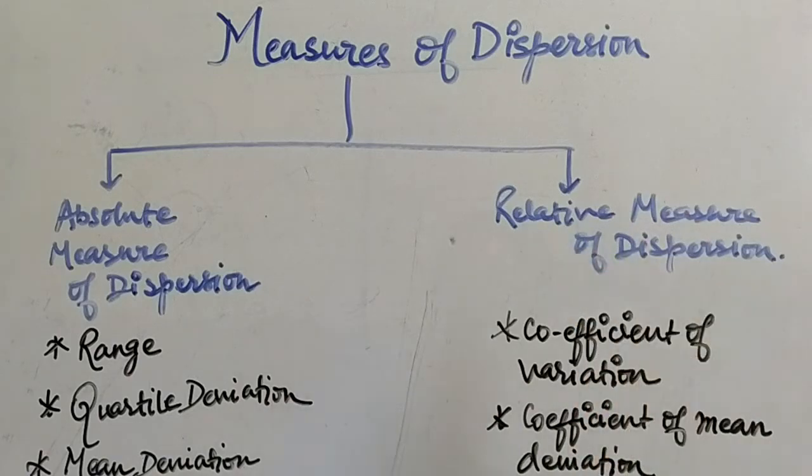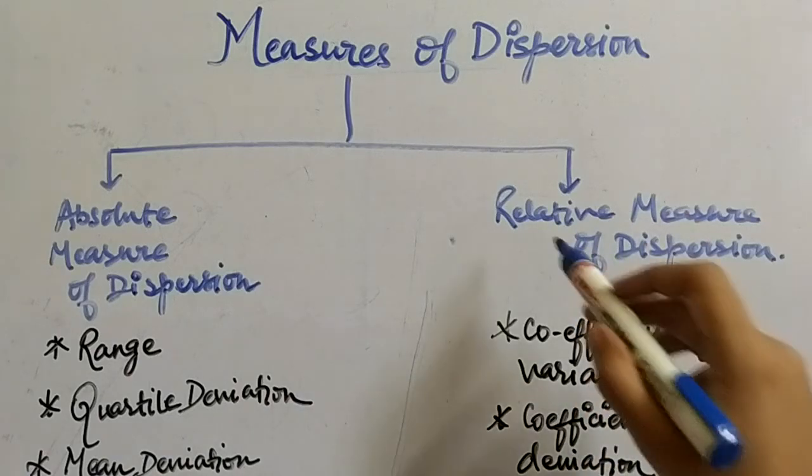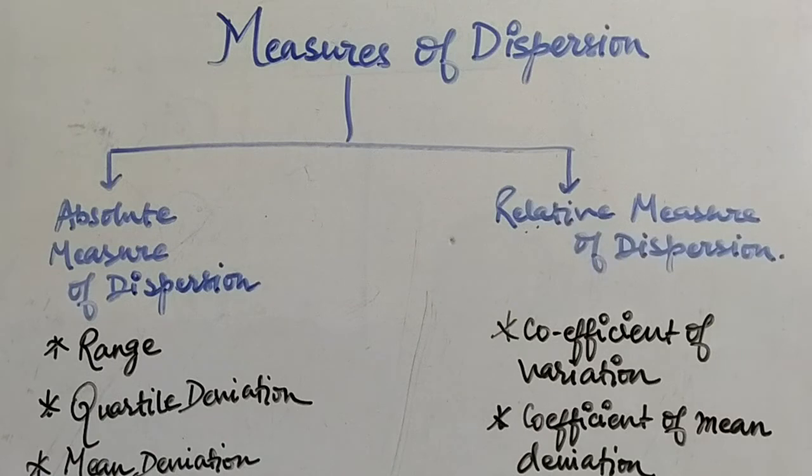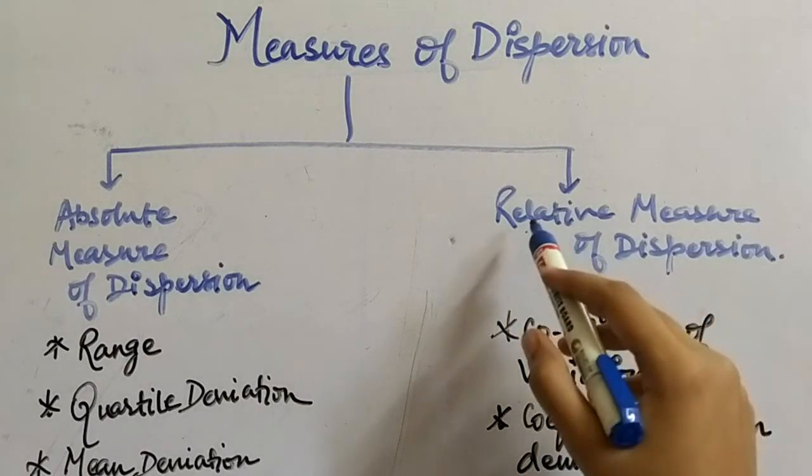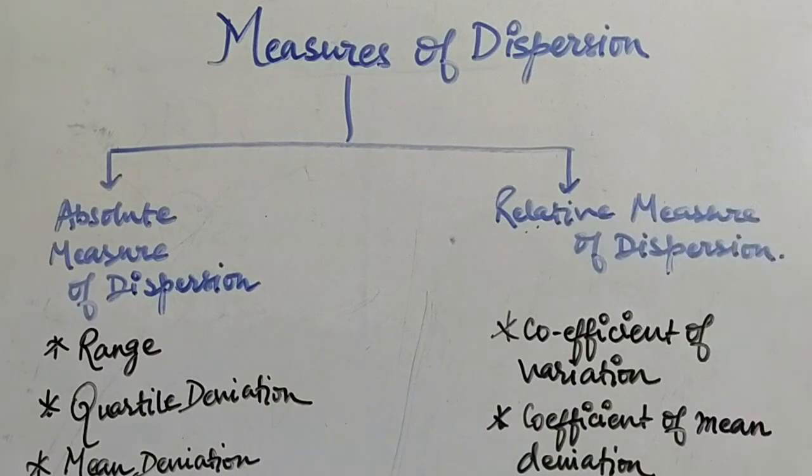In case of relative measure of dispersion, what does relativity mean? Relativity means you need to compare two different sets of observations. So in case of relative measure of dispersion, you need to compare the variability of two different sets.